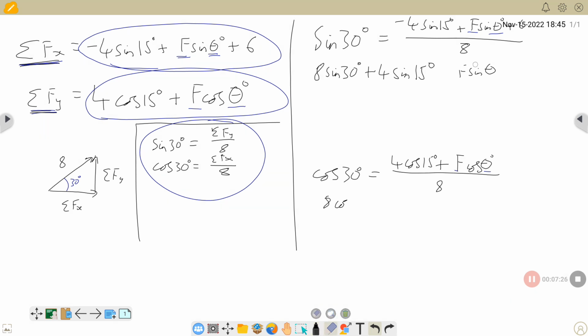Whoopsie. Let's just rub that out. Plus 6 equals f sine theta. And down here, 8 cos 30 minus 4 cos 15 equals f cos of theta.